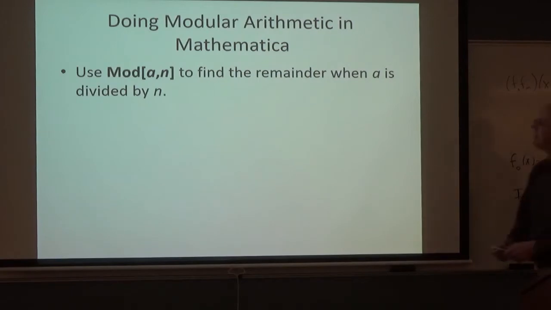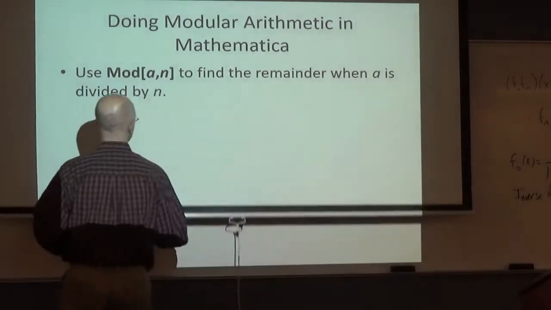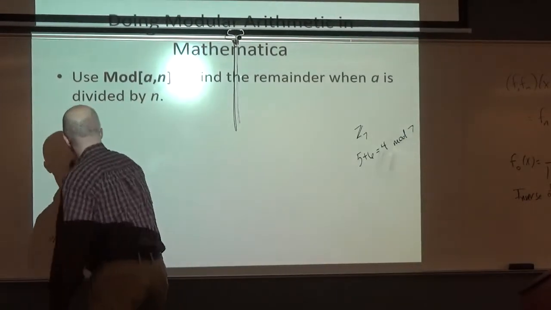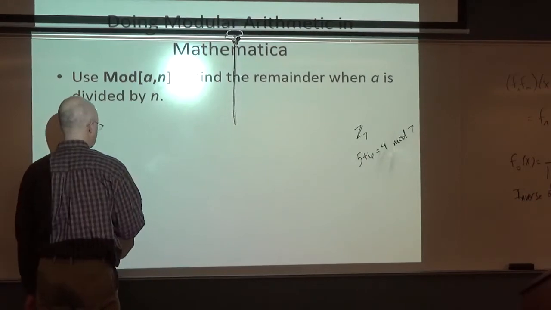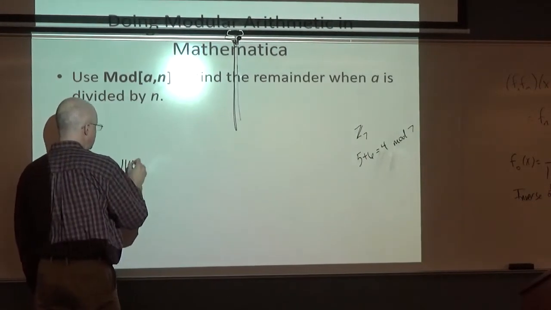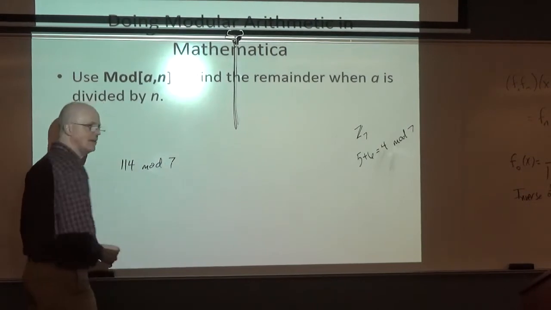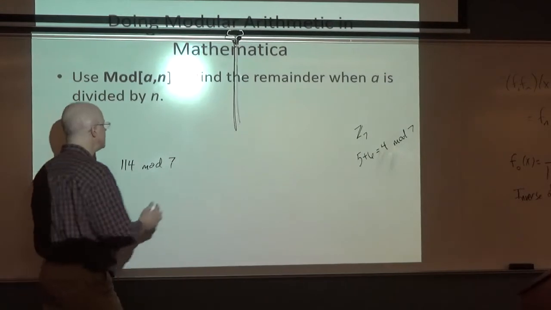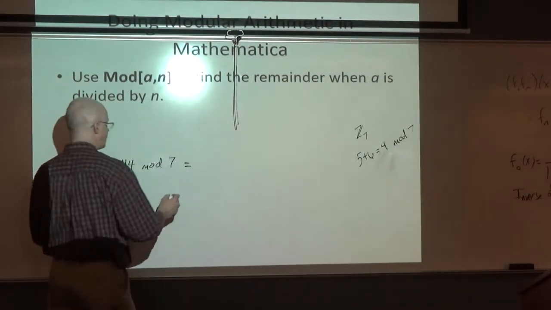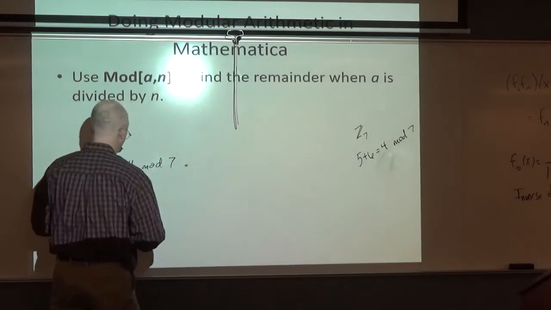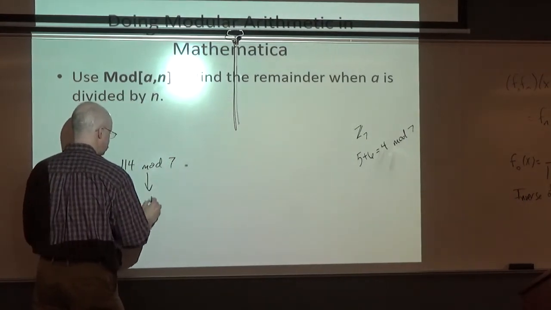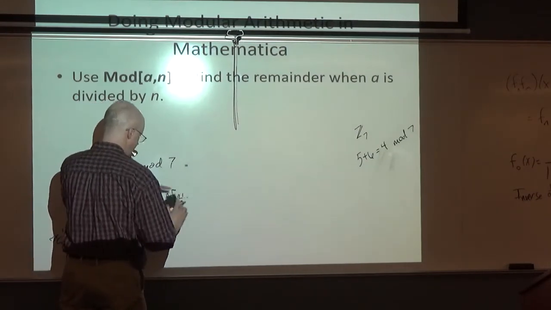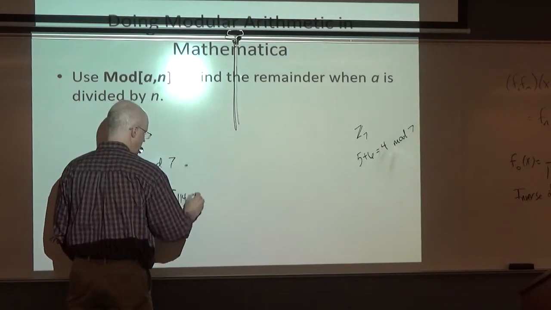So if you want to find 114 mod 7, if for some reason you needed to do that, in Mathematica you type this in as Mod, capital M, square bracket 114, comma, 7.